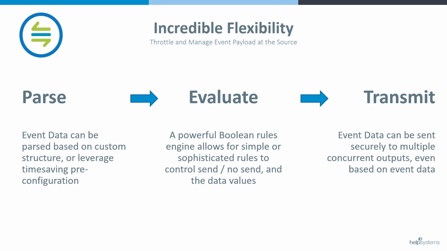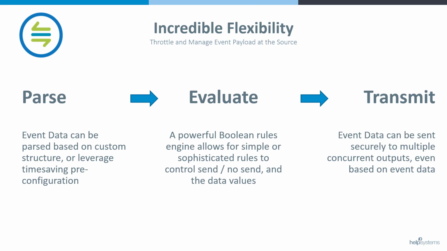We also take care of transmitting that information. The event data that is generated can be sent securely to multiple concurrent outputs, and that can happen possibly based on event data. So, for example, if somebody creates an object on your system, that's probably a normal action, and you would just send it to perhaps the enterprise SIEM for centralized logging.